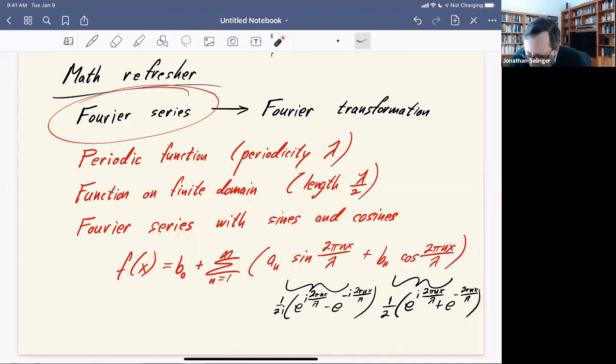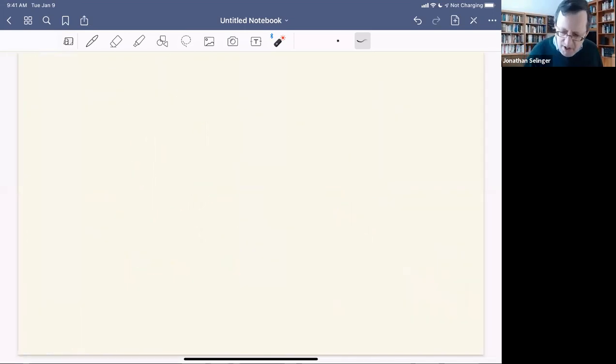Now I could simplify all of this: multiply everything out, and then I'll have something times the positive complex exponential and something times the negative complex exponential. So I get a Fourier series with complex exponentials.